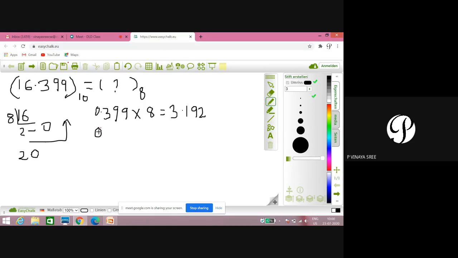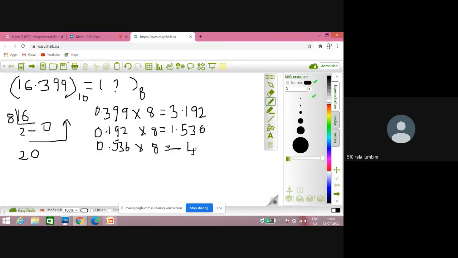Next, 0.192 into 8 equals 1.536. Next, 0.536 into 8 equals 4.288.